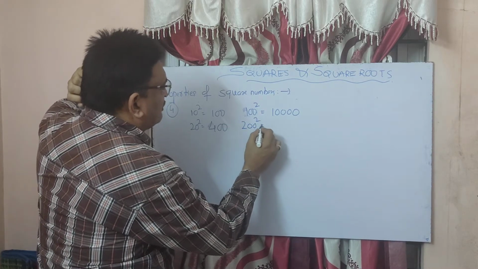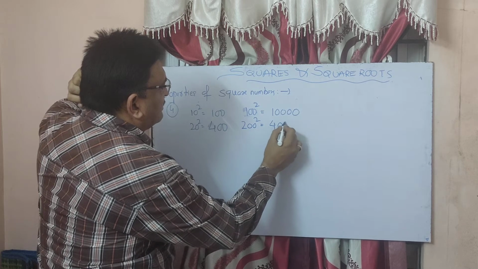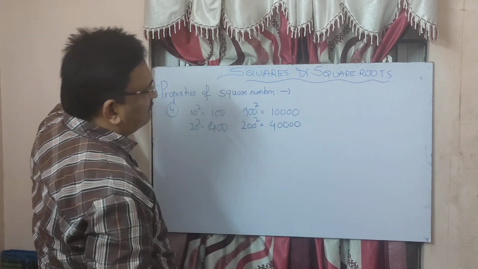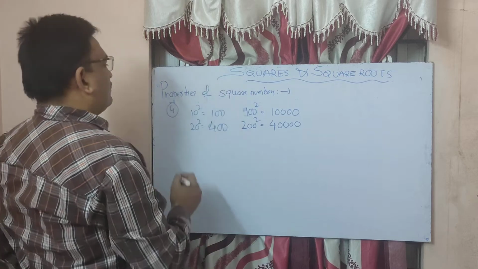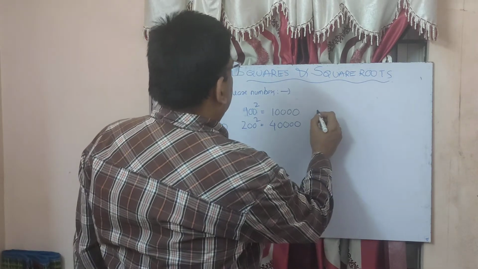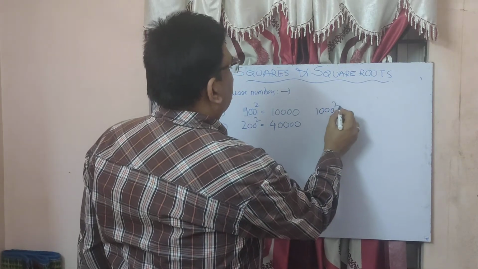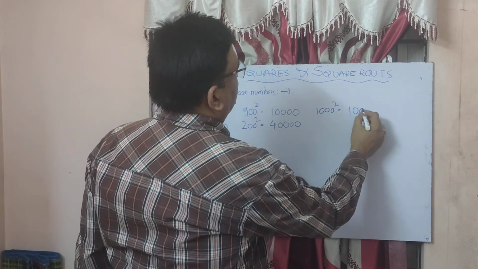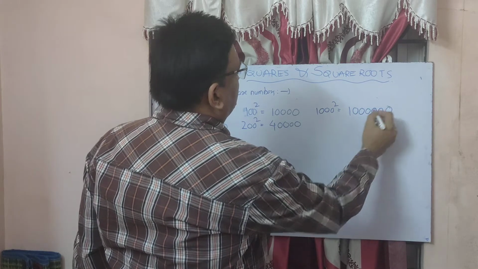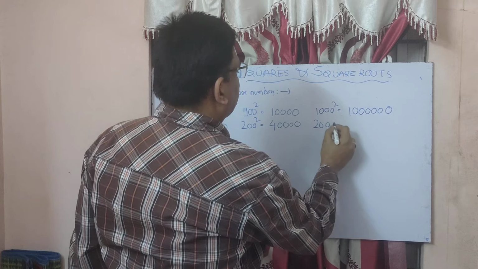Now 200 square is how much? 40,000. Now 1000 square is how much? 2000 square is how much?